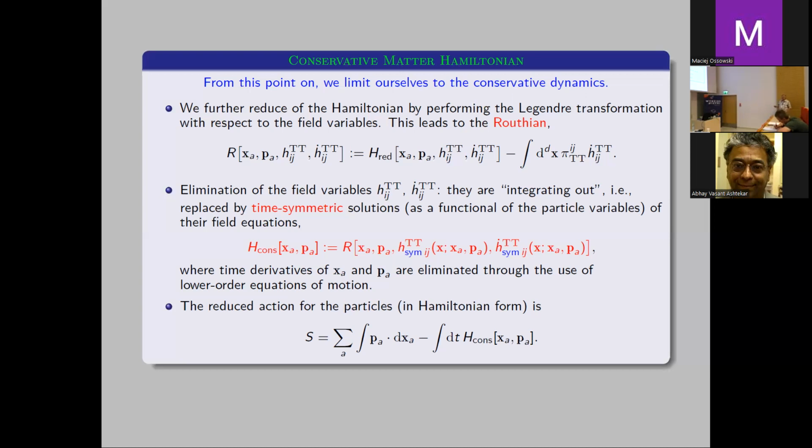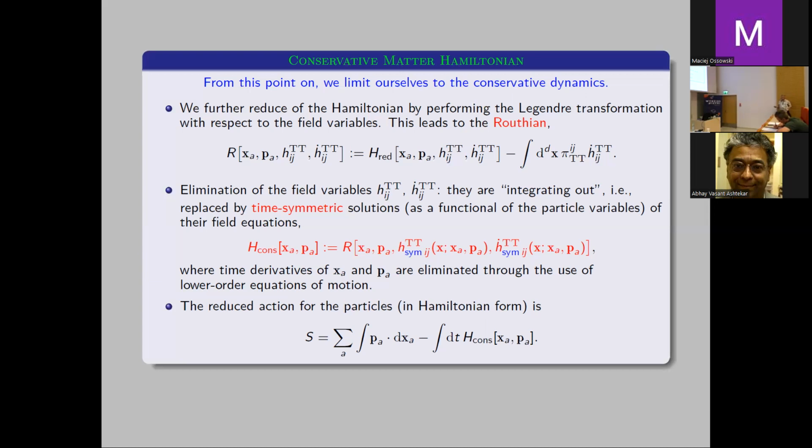So time symmetric means that we use the Green function which is half advanced, half retarded. In a moment, I will say more about this. So formally, we obtain something which depends only on matter variables, because we replace field variables by the explicit solutions of their field equations.